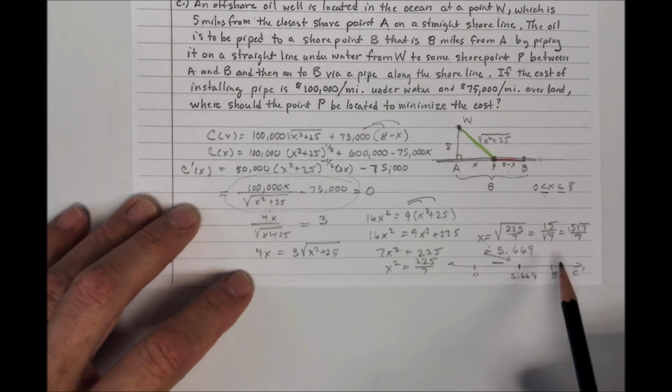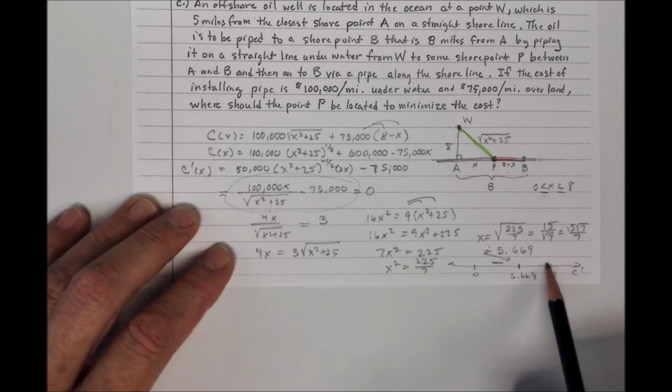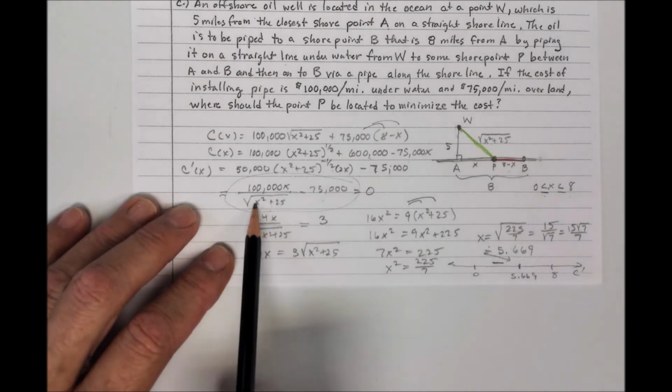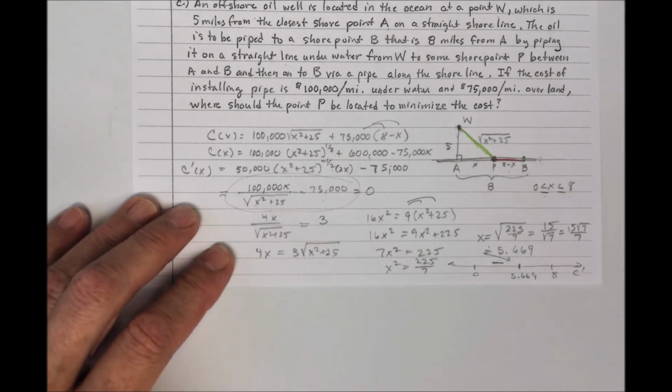Take a number over here. Let's say 7. Let's see, I'm going to have to grab the calculator again here. That's 700,000 divided by, and if I put a 7 in there, I get 49, I get 74. I get the square root of 74. Oops, let me clear out my window here. So what did I have?